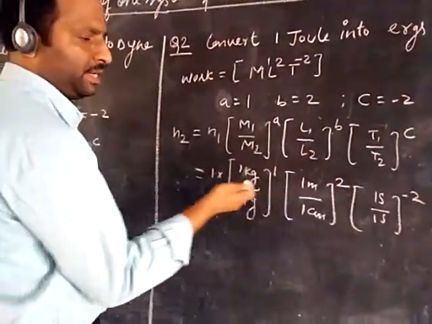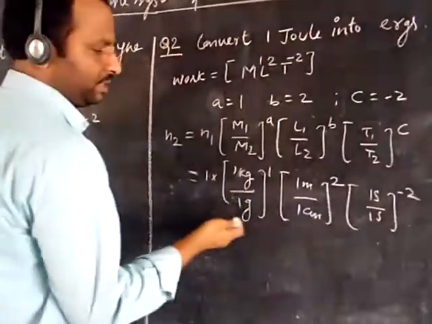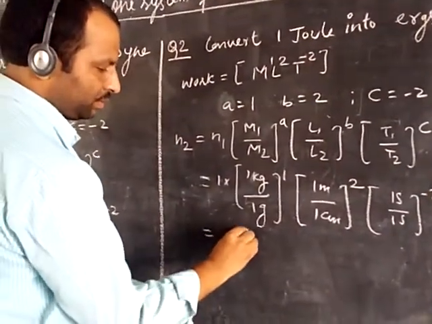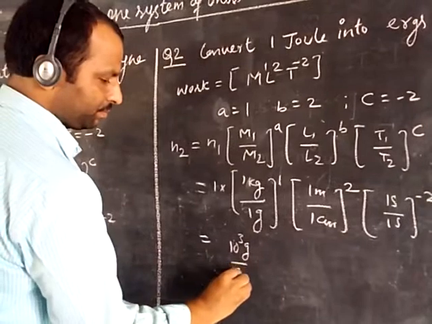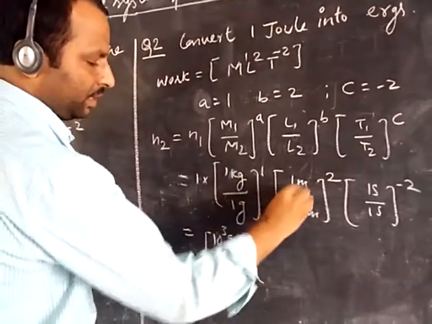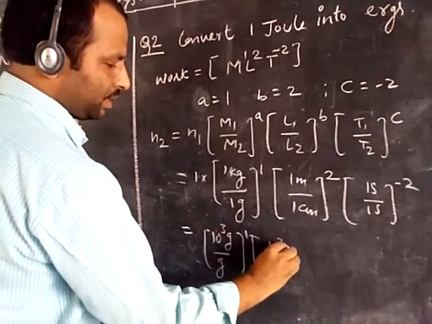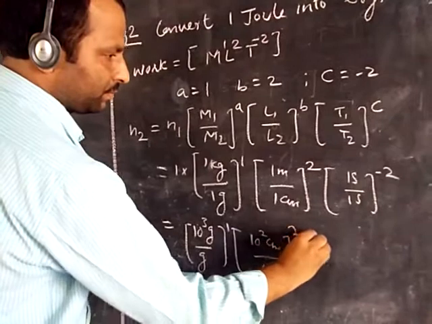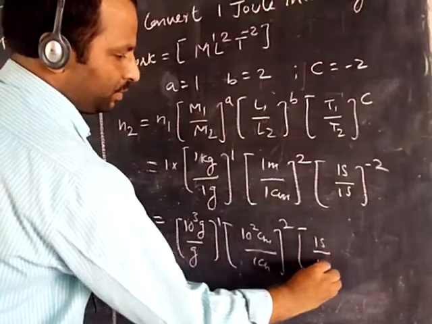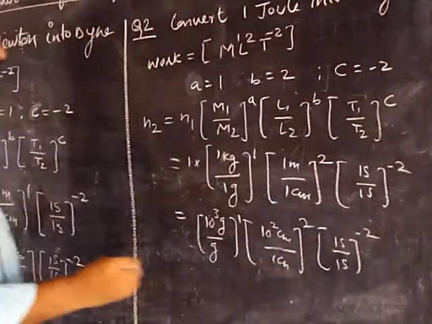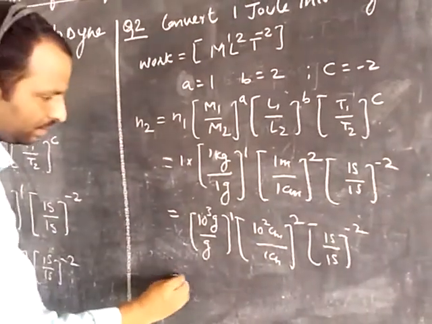In the above we write the SI units and below we write the CGS units. 1 kg is equal to 1000 grams, whereas 1 meter is equal to 100 centimeter, and 1 second upon 1 second because SI and CGS both have the same unit.